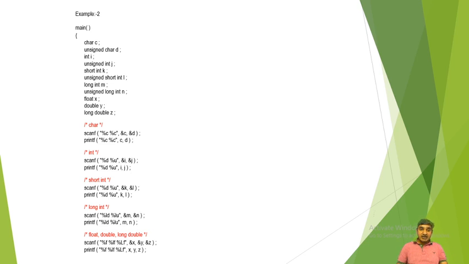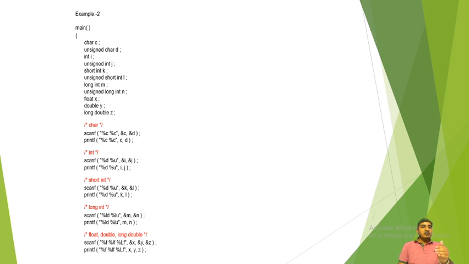Again we use percentage c and percentage c in this output function because c and d are characters. C is a simple character and d is an unsigned character.